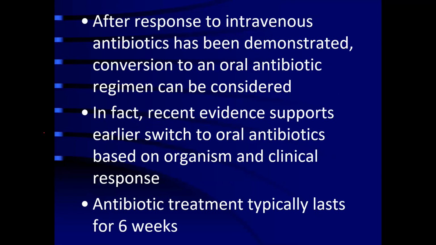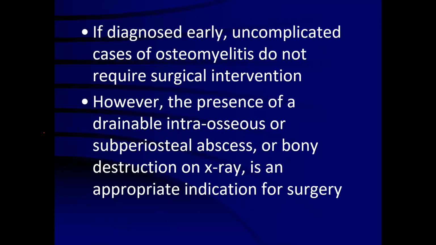After response to intravenous antibiotics has been demonstrated, conversion to an oral antibiotic regimen can be considered, and in fact, recent evidence supports earlier switch to oral antibiotics based on organism and clinical response. Antibiotic treatment typically lasts for 6 weeks.